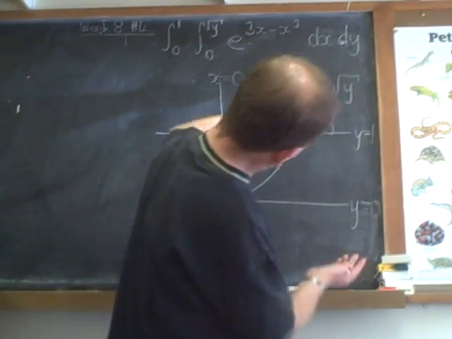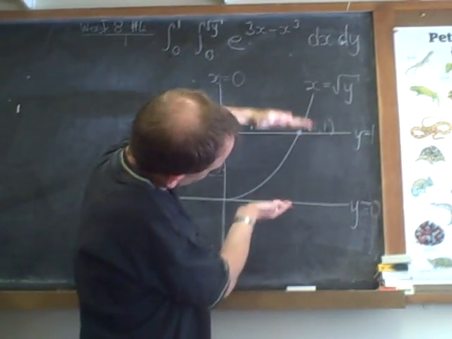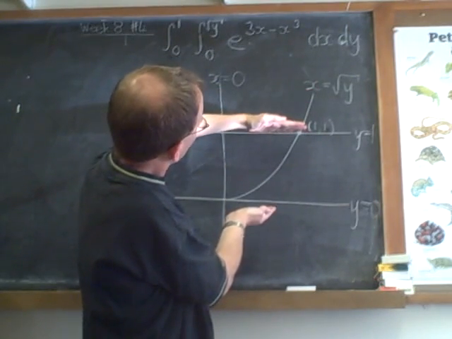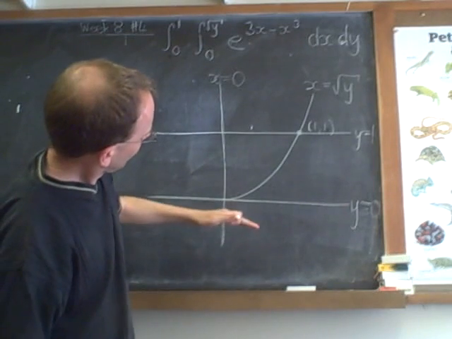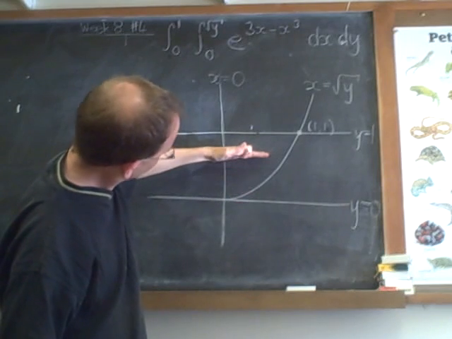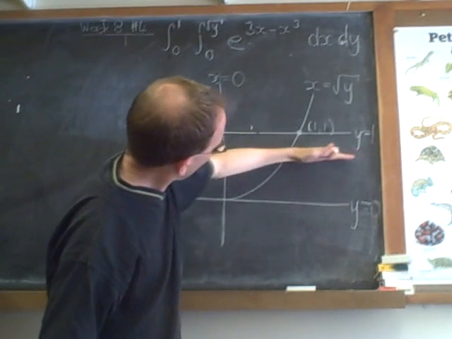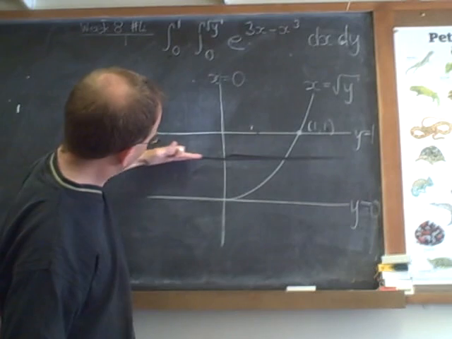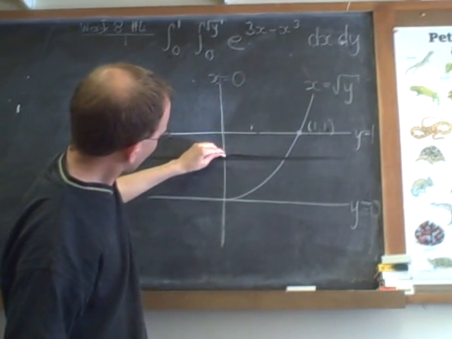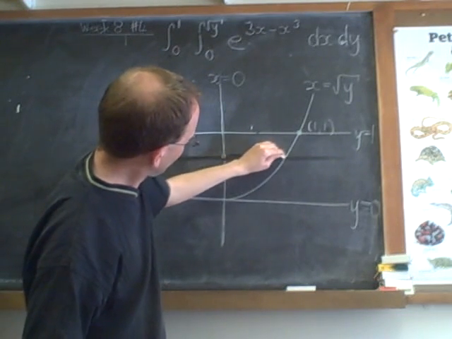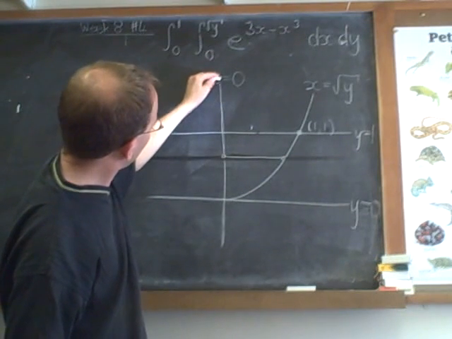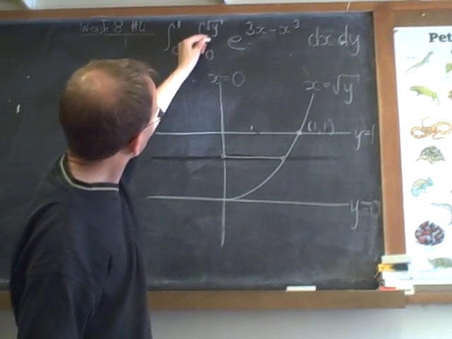Okay, now the region of integration then is trapped between y equals 0 and y equals 1. And then for any y value that we stop at in between 0 and 1, on that horizontal line corresponding to that y value that we've stopped at, the interval of x values that's inside the region is from 0 to root y.